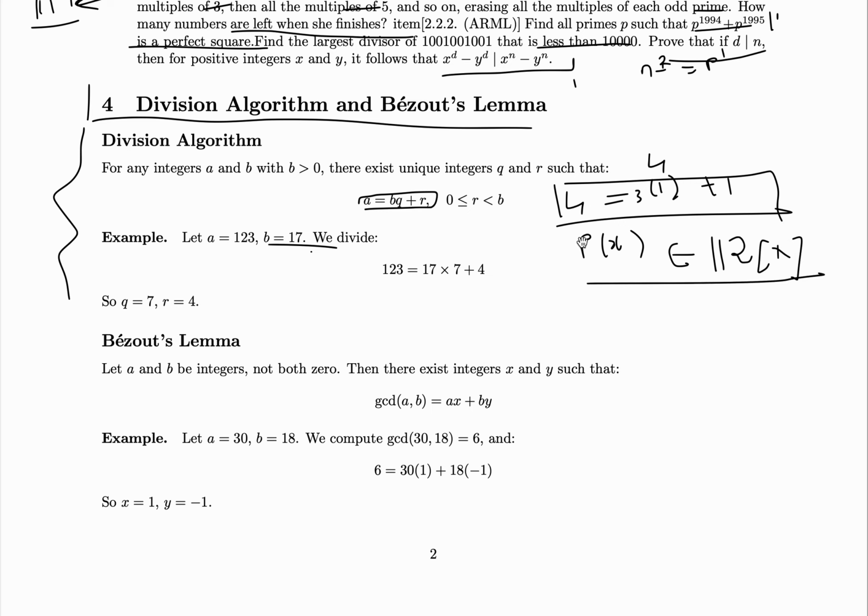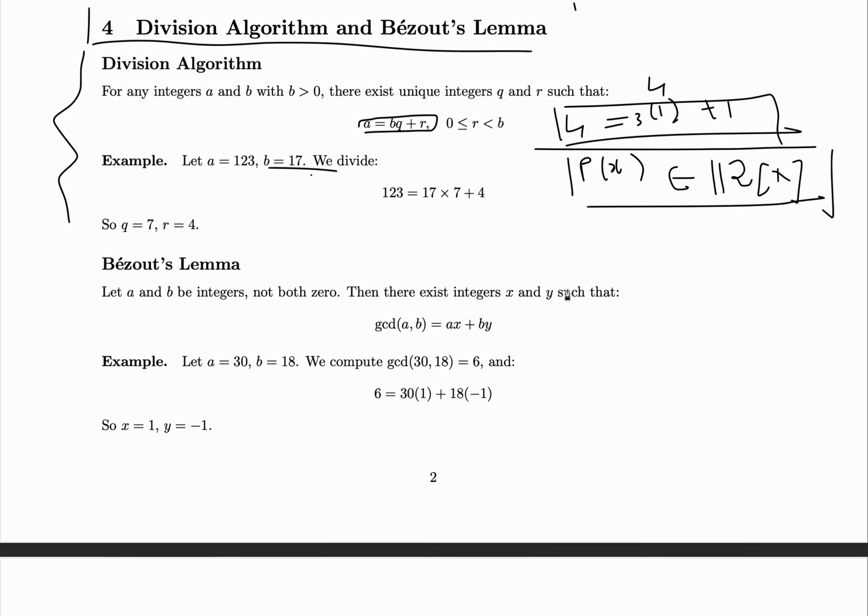We can extend this in the form of R[x], which is more congruently done, and this just comes from the lemma here.